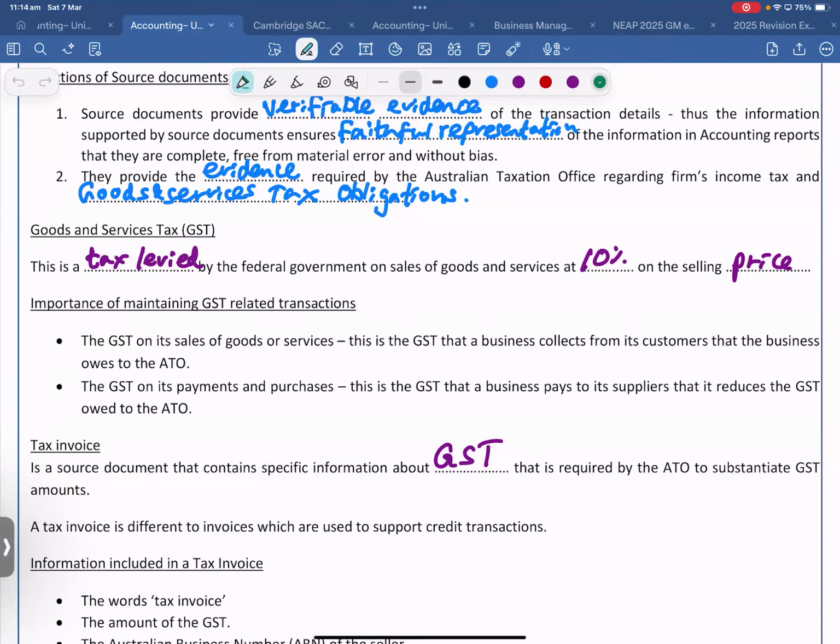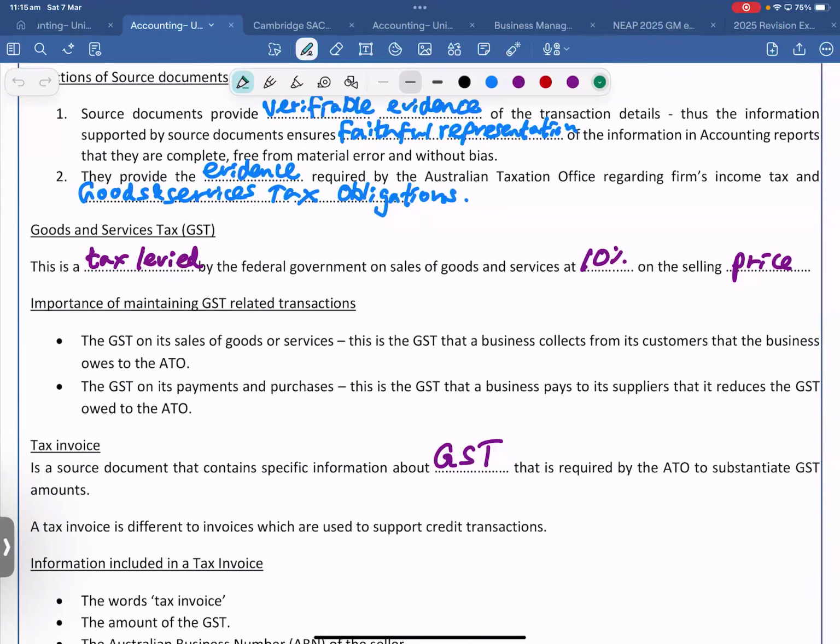Then there's another thing. In the meantime, we pay GST to our suppliers. Maybe our landlord for rent, then electricity, water, gas, we have to pay GST. Then internet, we have to pay GST.